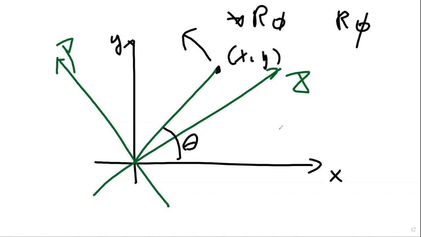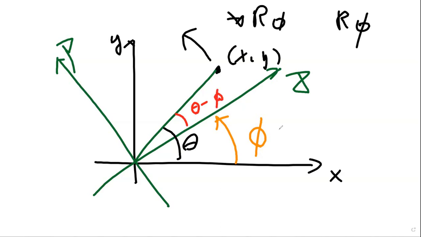And then your observation frame moves by angle phi. So now the new angle right here becomes theta minus phi.